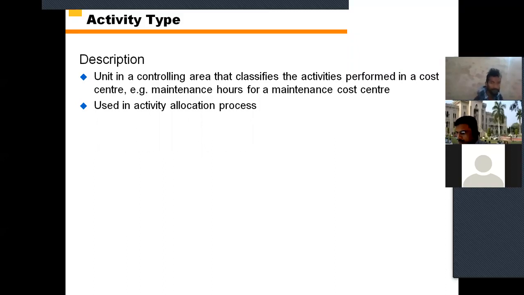A unit in controlling area that classifies the activities performed in a cost center. For example, maintenance hours for a maintenance cost center. Okay. So activity allocation purpose, we are going to use this one.